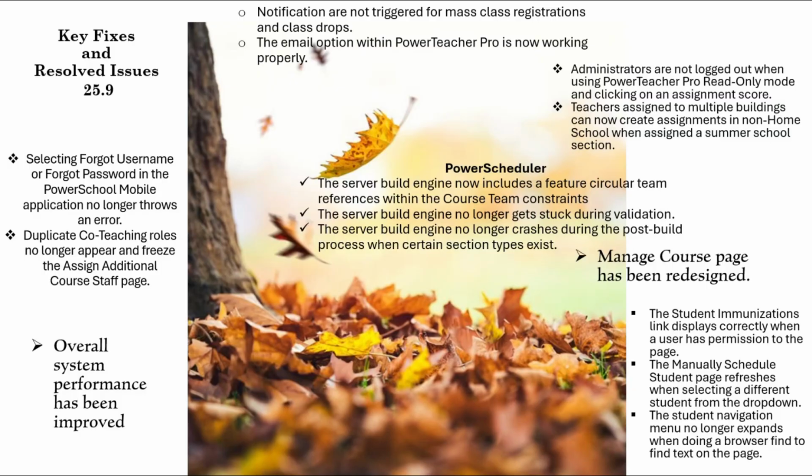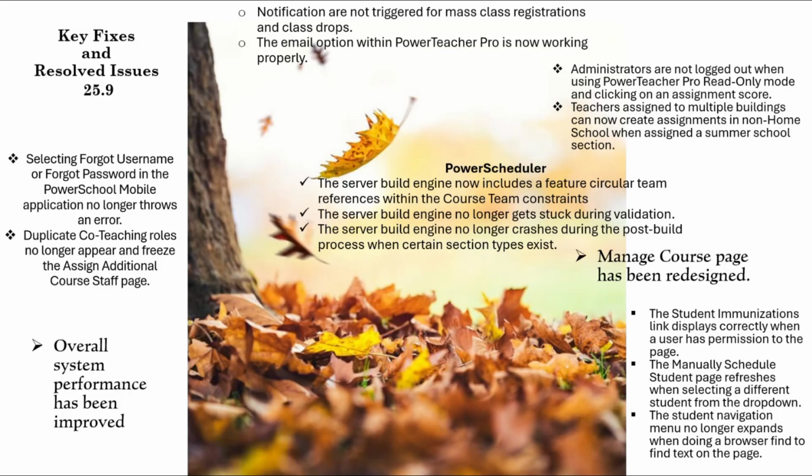You can read these just as easily as I can, but I do want to point out the PowerScheduler part because we're diving into the PowerScheduler season. The server build engine now includes a feature for circular team references with the course team constraints. The server build engine no longer gets stuck during validation. This is huge for those of you that are coming back this year. You may want to try that again.